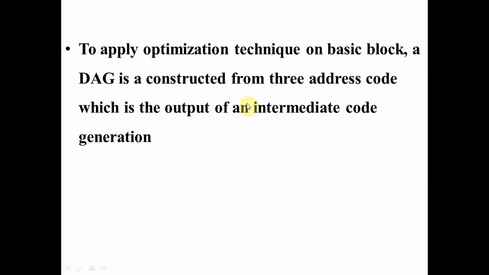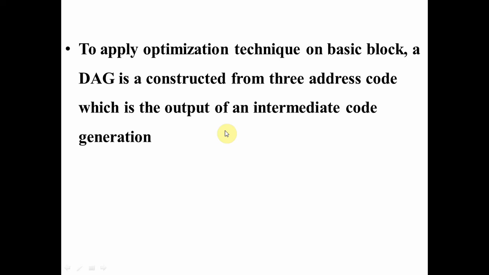To apply optimization technique on a basic block, a DAG is constructed from a 3-address code, which is the output form of an intermediate code generation. So actually the compiler will take the input program, and then the target program must be generated.